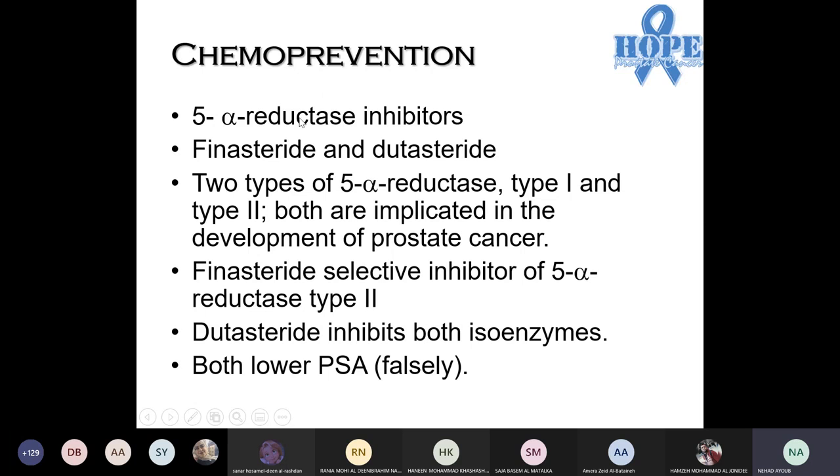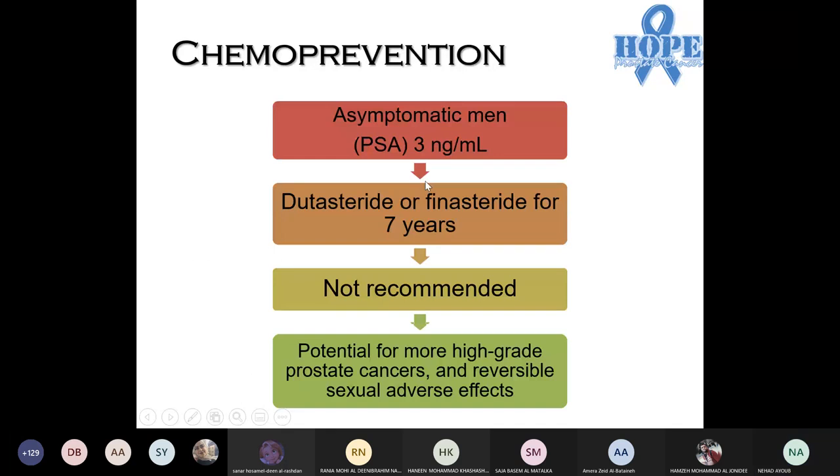Actually, types 1 and 2, both of them, have been associated with conversion of testosterone to dihydrotestosterone and prostate cancer. So, if we inhibit these enzymes, it was believed that we can also decrease the risk of development of prostate cancer. However, when the follow-up studies were done, they followed the patients who were on chemoprevention with dutasteride or finasteride long term for many years.